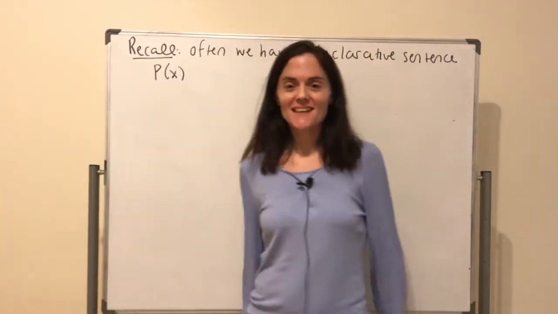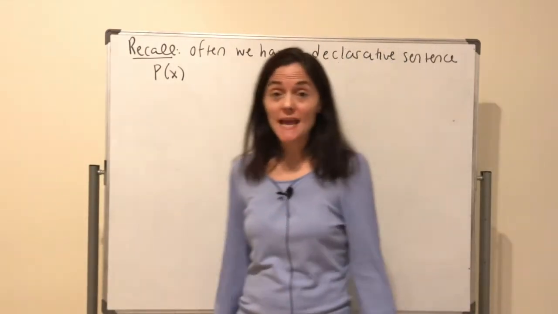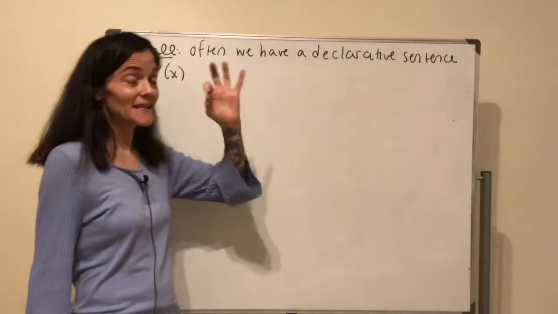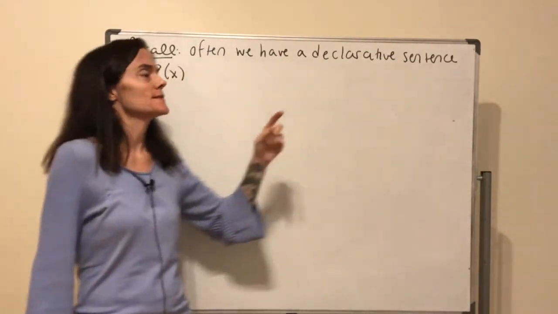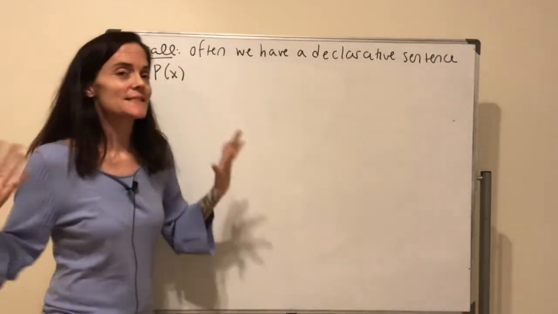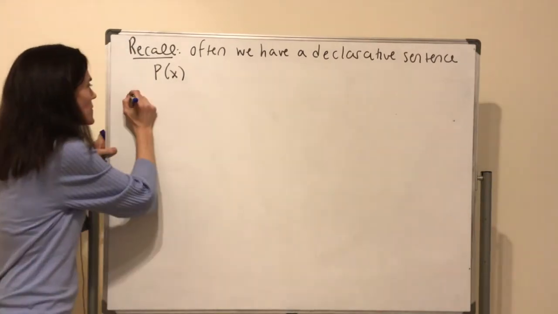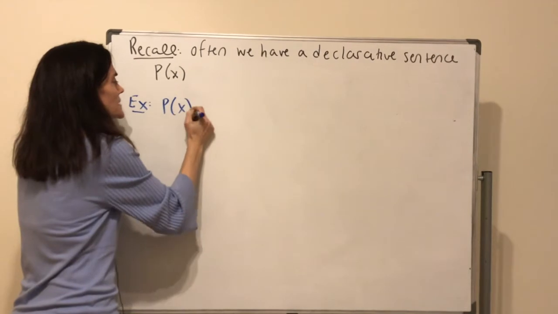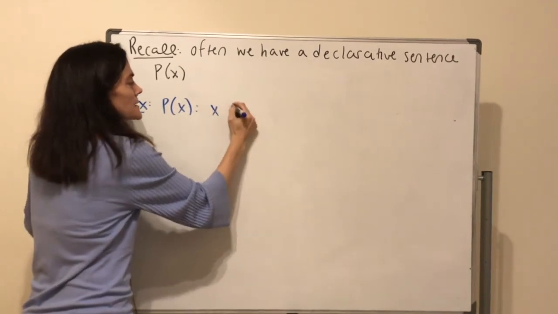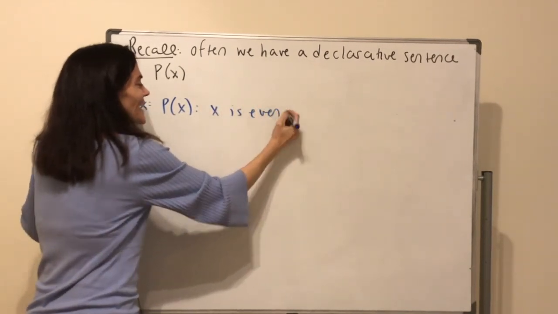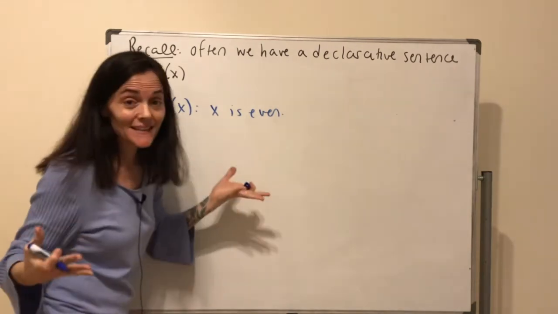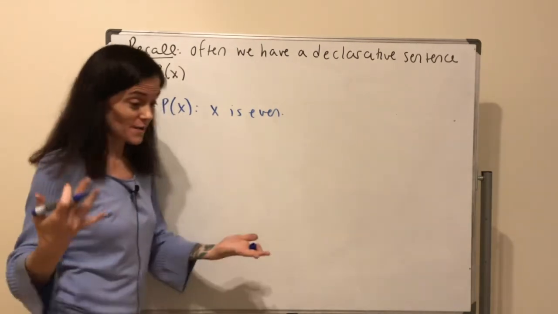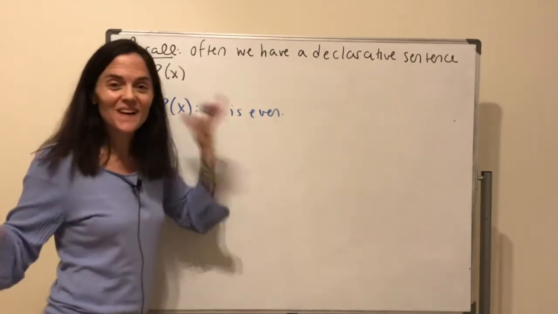One thing we discussed when we first introduced statements is that often you can have a declarative sentence, P of X, but it has some variable. Maybe I will mention an example here. For example, P of X is the statement that X is even. And as written, you don't know if it's true or false, because it could be either one, right?